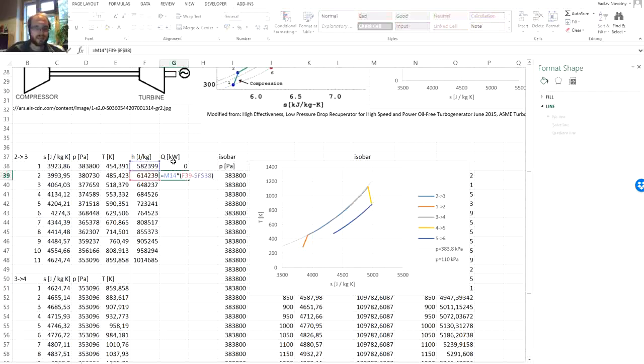And as I said that we want the heat transferred in kilowatts, so this divided by 1000. Yeah, and the mass flow rate has to be also locked.